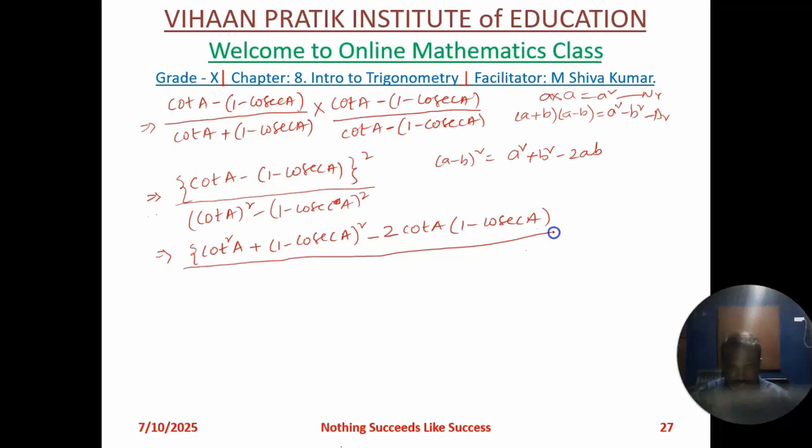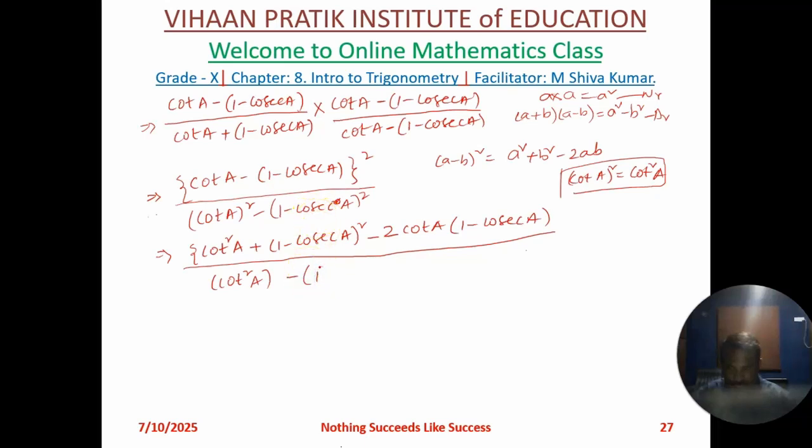Now denominator is expanded as cot square A. In the sense cot A whole square or cot square A, both are same. Cot A whole square is always equal to cot square A minus, this is in the form of a minus b whole square.